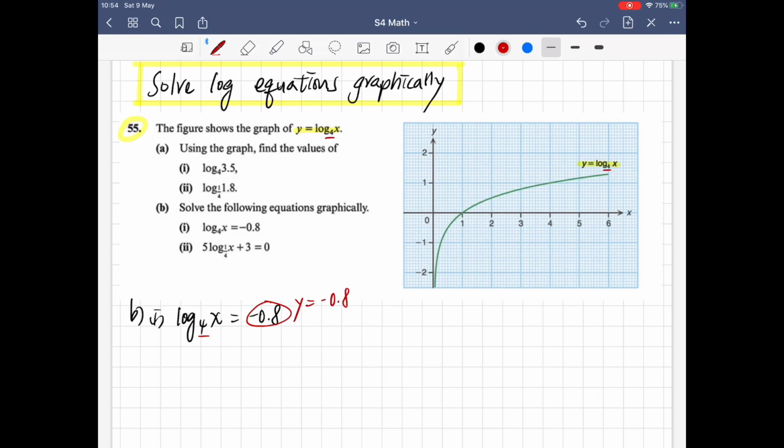Okay, so go back to the graph. For y equals negative 0.8, that is here. This time we first draw a horizontal line until it reaches the green line, and then we look at the corresponding value of x.